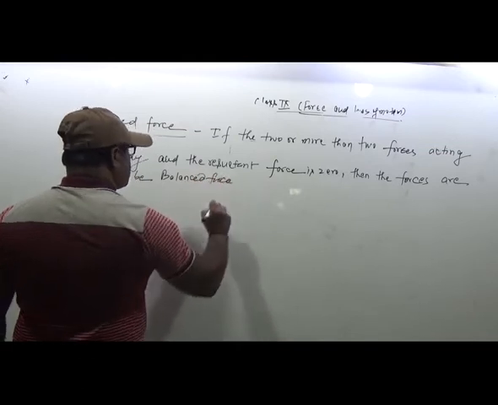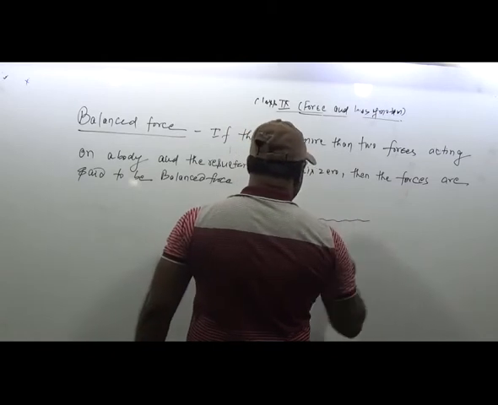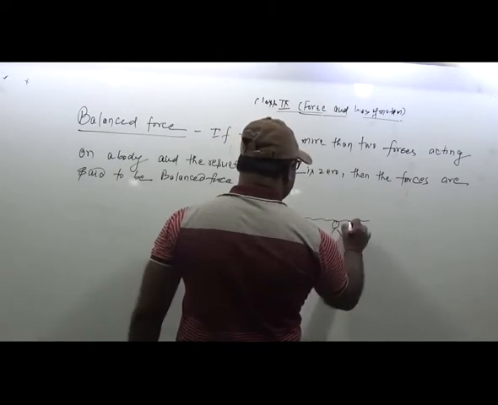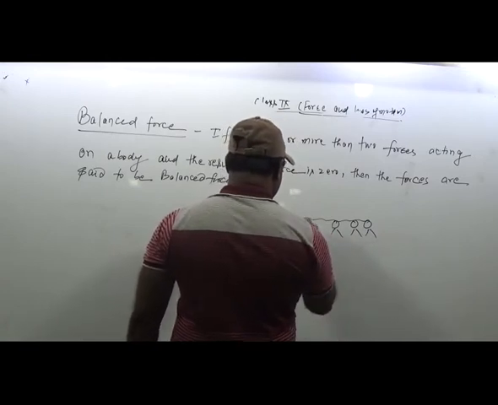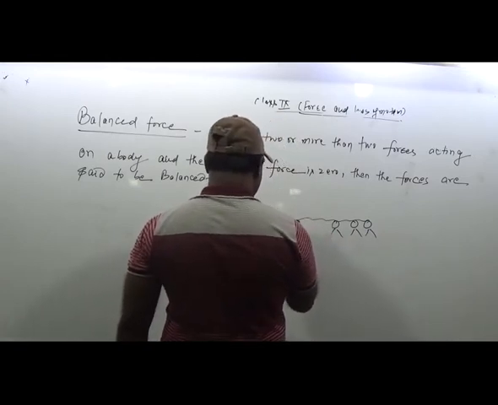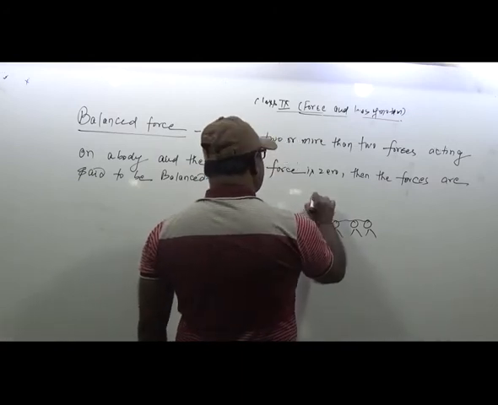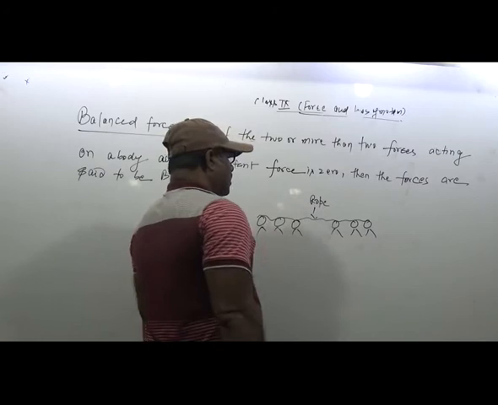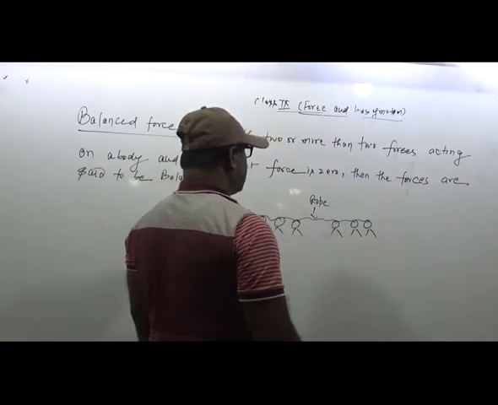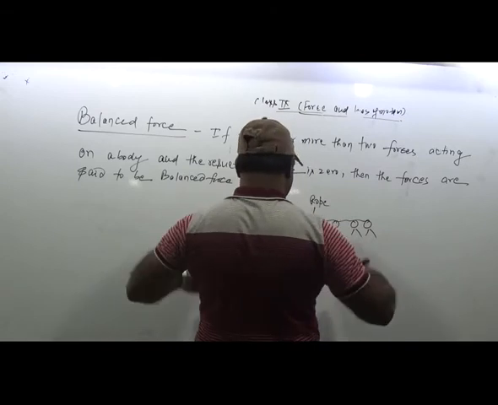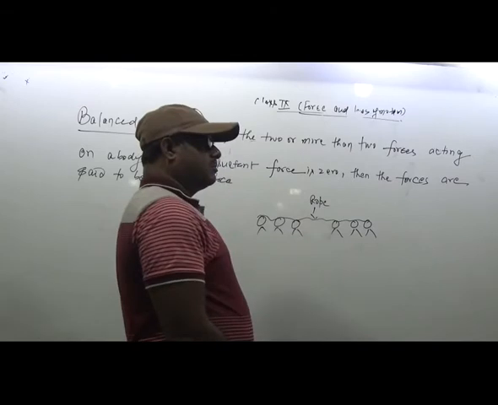It happens in the tug of war. Suppose there is a thread, there are three persons here and three persons here, like this, and this is a rope. Both are forces acting in opposite directions. So the rope will go nowhere.